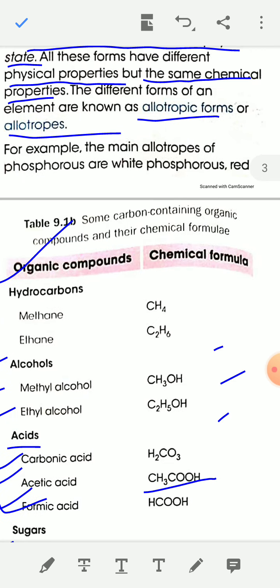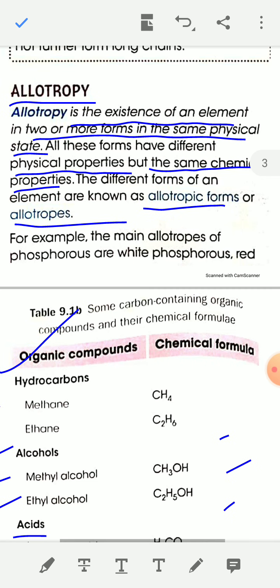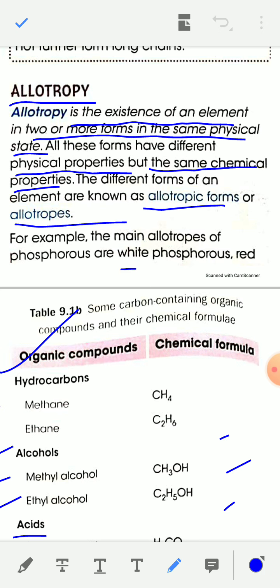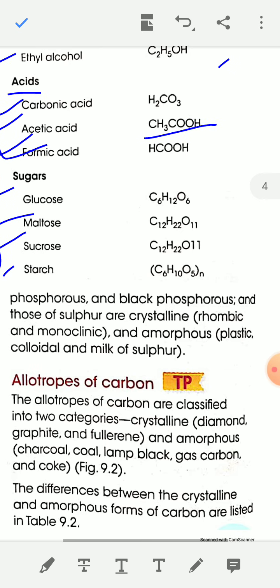For example, the main allotropes of phosphorus are white phosphorus, red phosphorus, and black phosphorus.